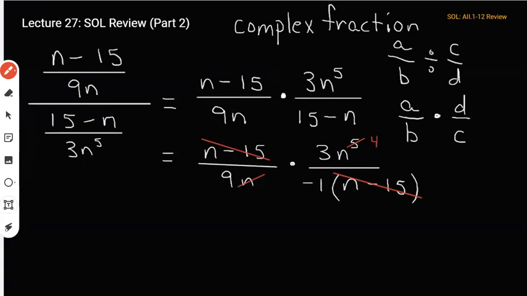So now I only have 3n to the fourth power on top, and I have a negative 1 times 9 on the bottom. So since I have a 9 and a 3, if I cancel out the 3 on top, then I can cancel out a 3 on the bottom. So 9 divided by 3 is just going to give me 3.